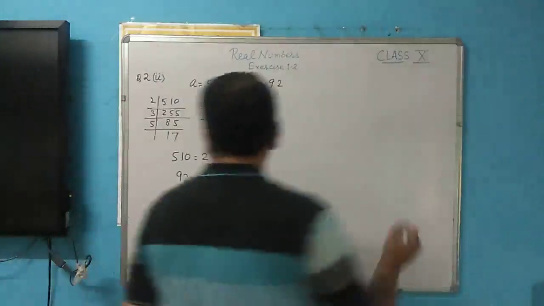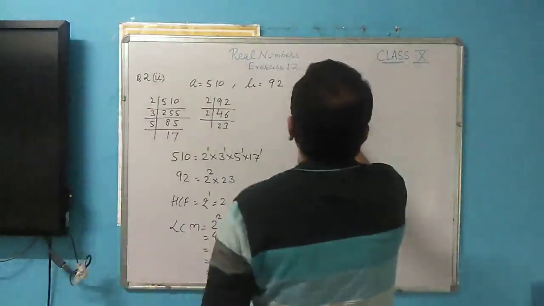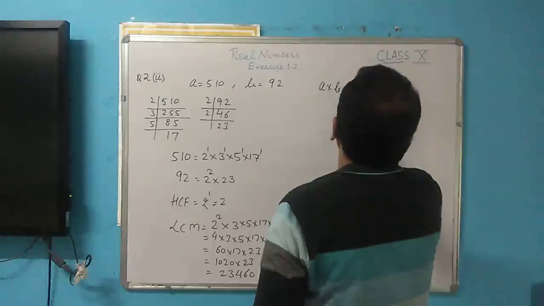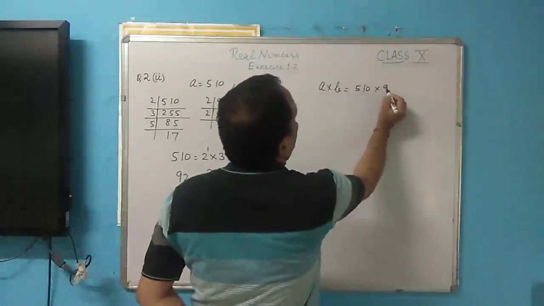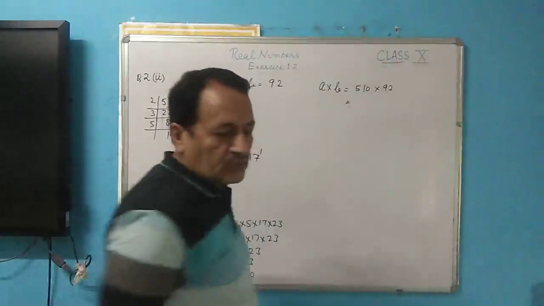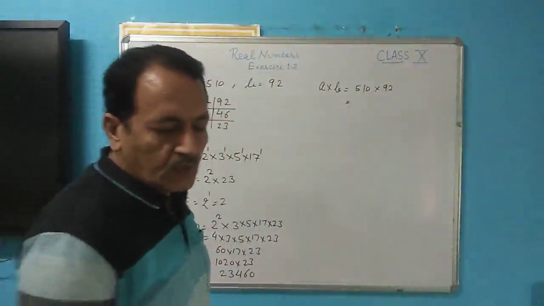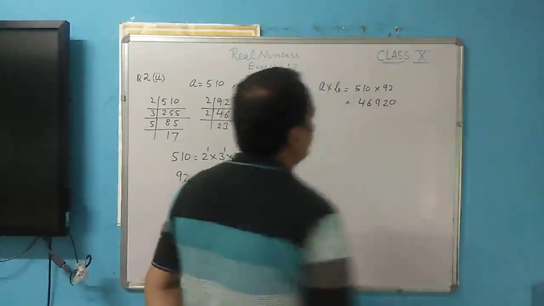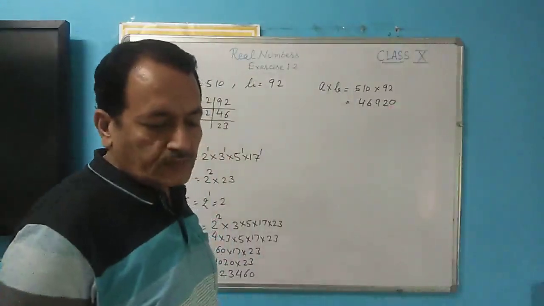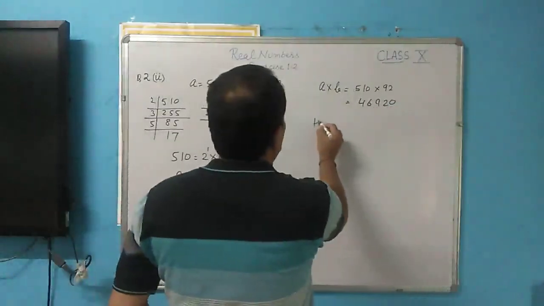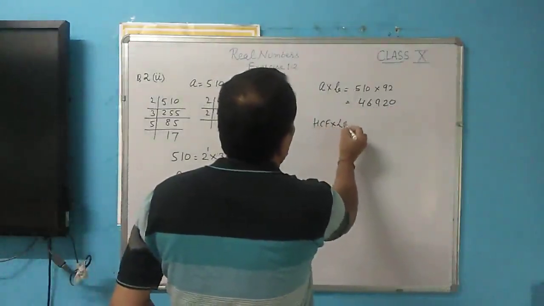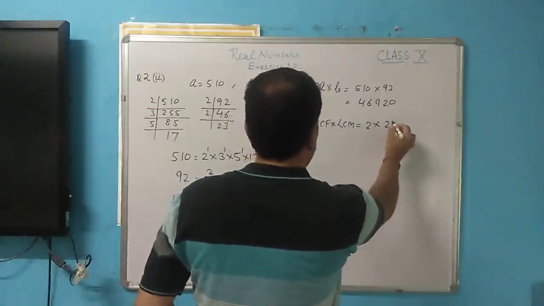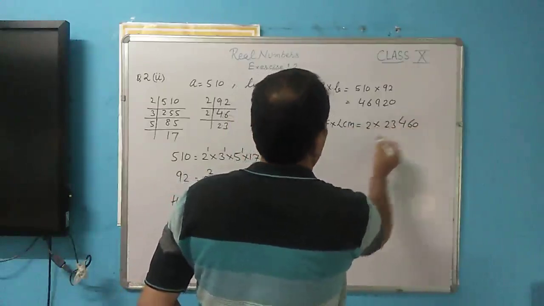Now we have to verify the relationship. A into B: A is 510 and B is 92. So their product comes out to be 46,920. So this is the product. Now multiply the HCF with the LCM. HCF is 2 and LCM is 23,460.